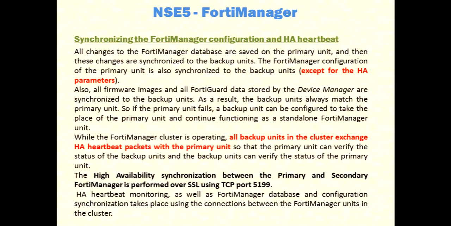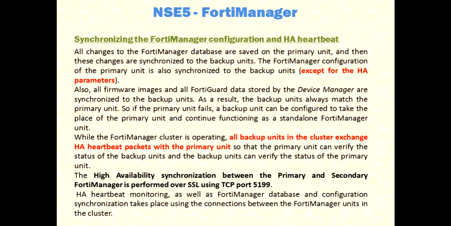Also, all firmware images and all FortiGuard data stored by the device manager are synchronized to the backup units. As a result, the backup units always match the primary unit. So if the primary unit fails, a backup unit can be configured to take the place of the primary unit and continue functioning as a standalone FortiManager unit.